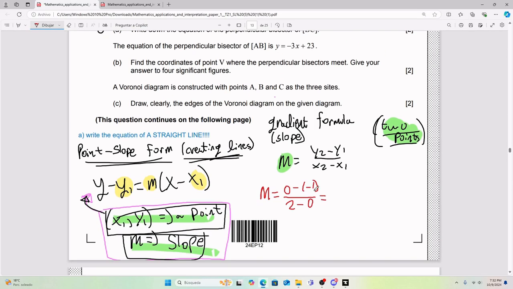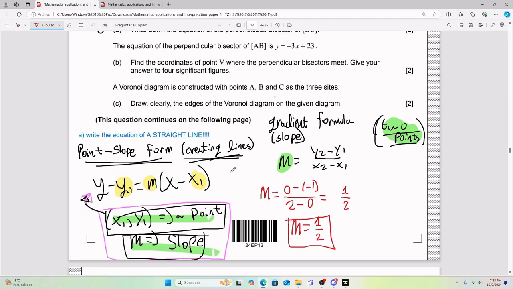So notice how I plugged it in parentheses, just so that I don't mess up the double negatives. So up top in the numerator, I end up with +1, and on the bottom I end up with 2. See? So the slope for my equation for part A is 1/2.